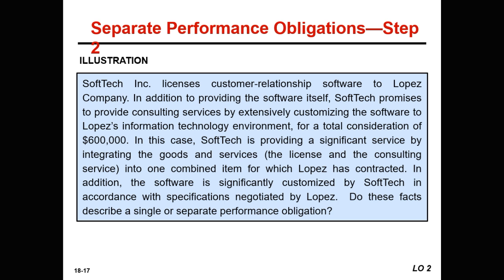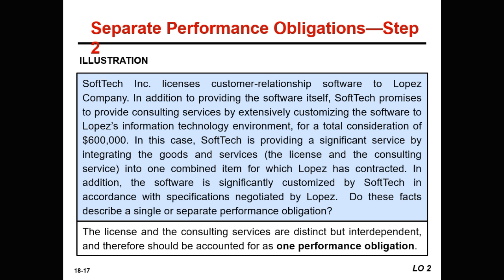We are actually creating a single new type of a product, something that is customized to Lopez. They are distinct services, but they're interdependent of each other. And so we would count them as a single performance obligation. So you can see where it can get a little bit muddy depending upon the perspective you take into account.